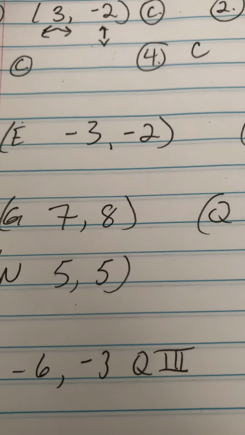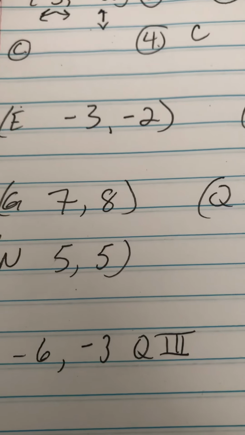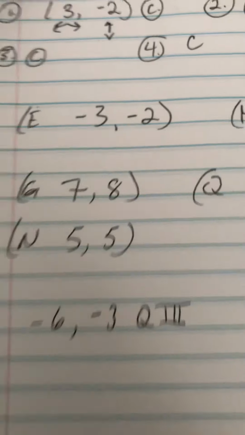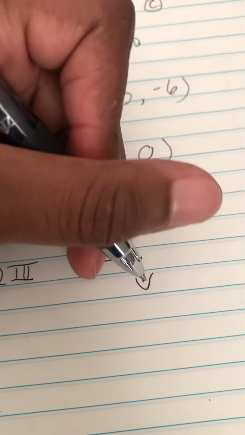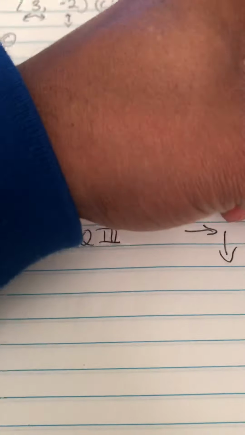All right. And let's read the next one here. (2, -4). So 2 over and then negative 4. That is quadrant 4. So (2, -4) is Q4.